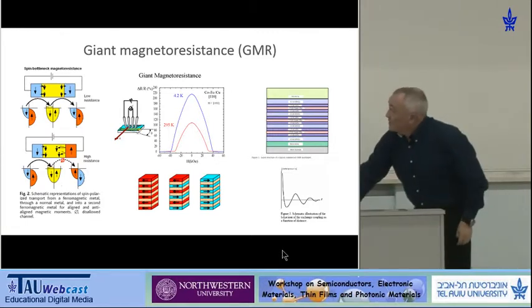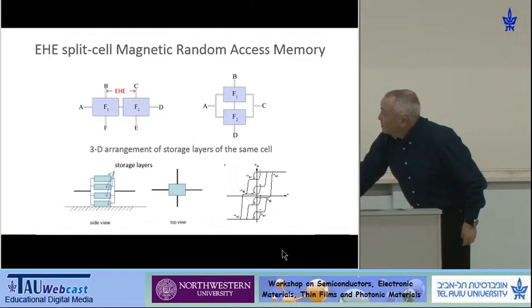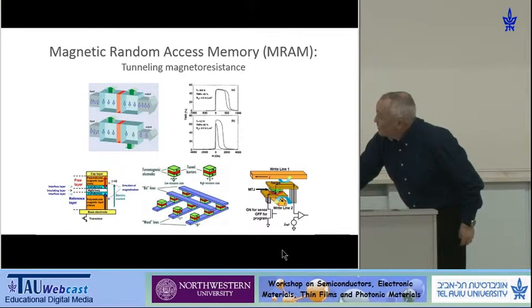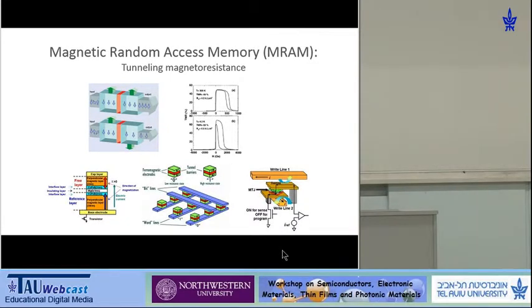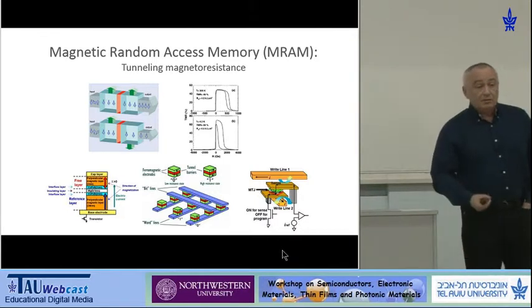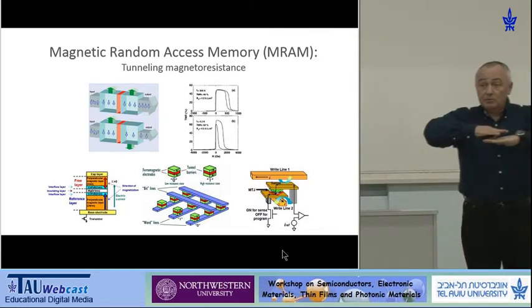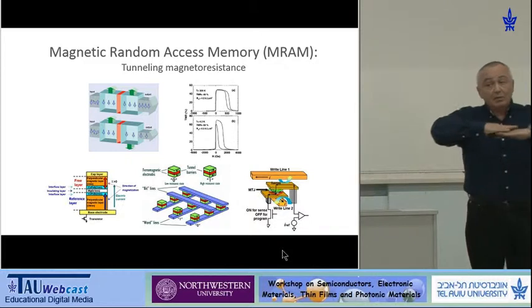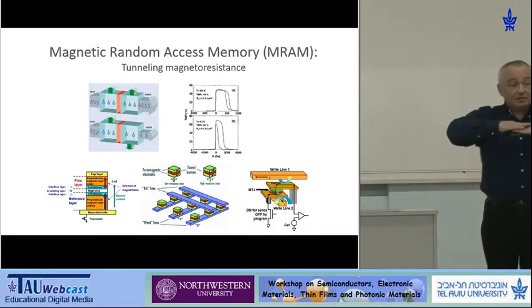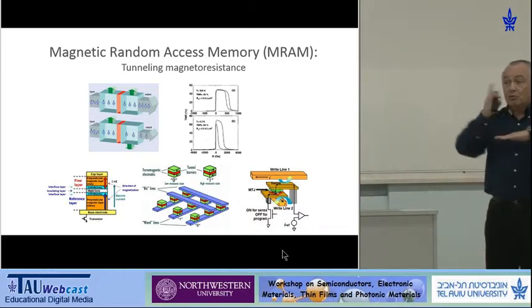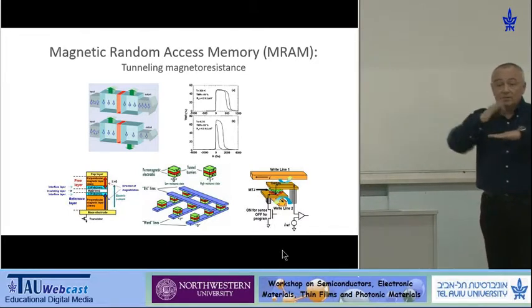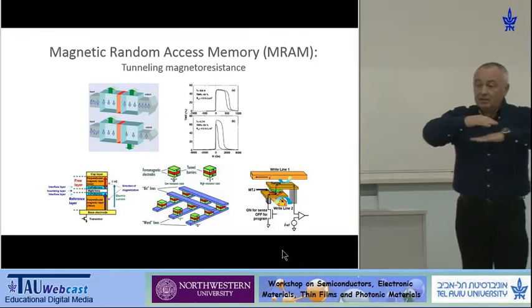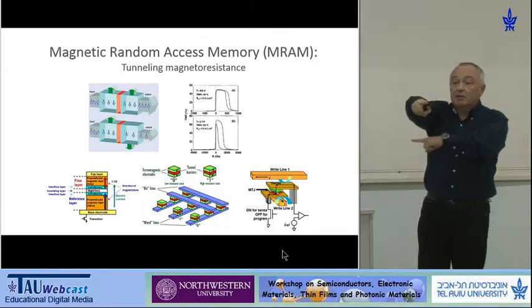This is one problem. The second problem, which is not less important, is that you need this insulating layer here, MgO. Now, this MgO is needed, first of all, in order to read the memory by tunneling. But the second one is when you want to write the memory, to orient the magnetization of one of the layers, what people once upon a time did, they did it with, let's say, magnetic field generated by electrical currents.